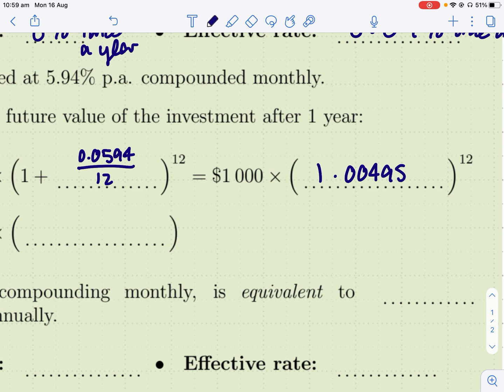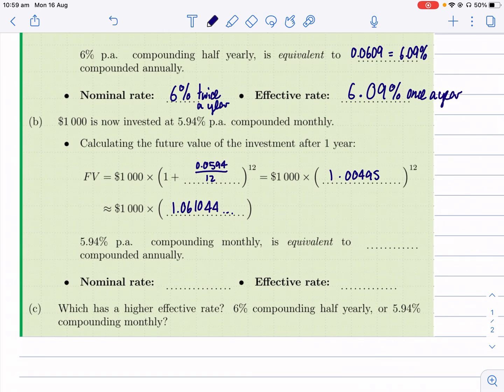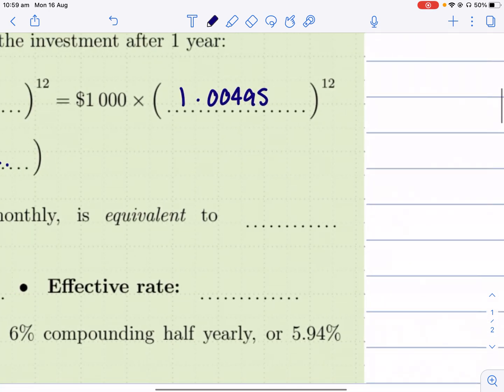But the 1 plus. So essentially we'd be multiplying it by 1.00495 to the 12, which means we would be multiplying it by 1.061044, and it keeps going. So instead of telling someone we're going to be charging them 5.94% compounding monthly, we may as well just tell them that we're multiplying it by 0.061044 each year.